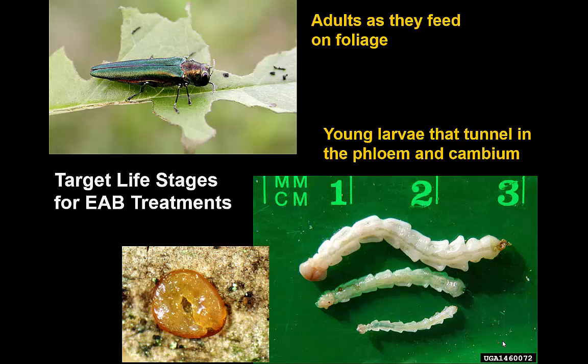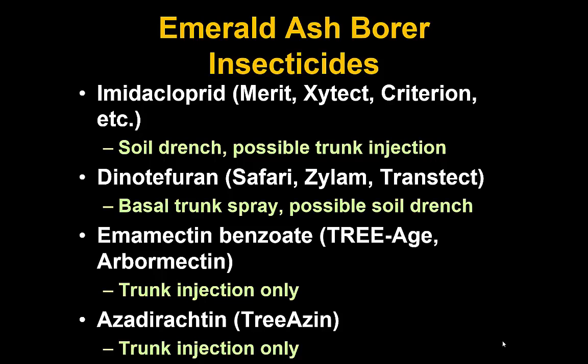Remember, the adult of the emerald ash borer feeds on the leaves for maybe a couple of weeks after it emerges, before it then goes about laying eggs. And then the eggs are laid on the surface, and the larvae hatch from those eggs and then move in. And if we can get an insecticide that is moving into the phloem and cambium tissues of the plant, we can target that stage as well.